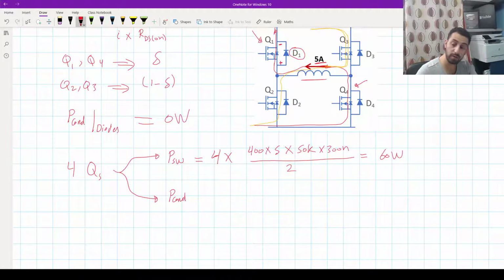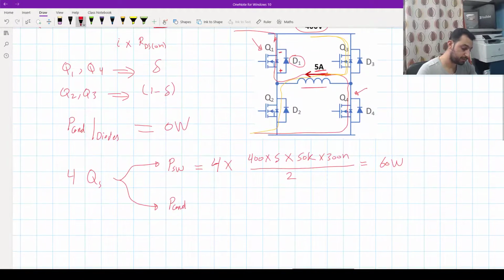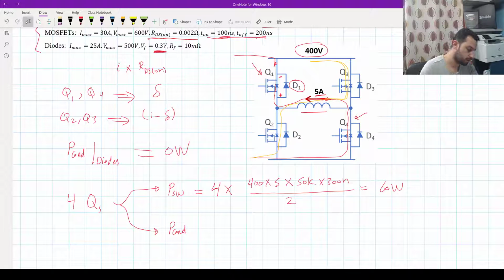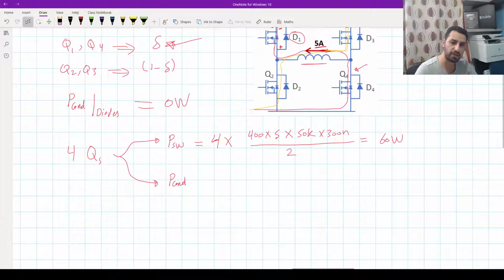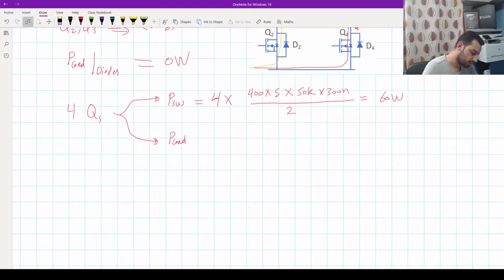Now for the conduction we have 2 sets of transistors. 2 of them are switching on at delta, which is 0.3, and the other 2 are switching on at 0.7 of the duration. That means we have different average and RMS values for each of them. Let's now calculate. For Q1 and Q4, we have I average and IRMS.